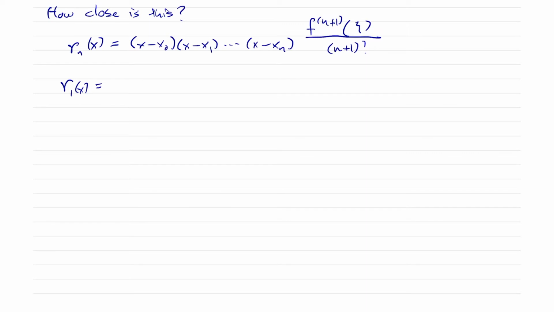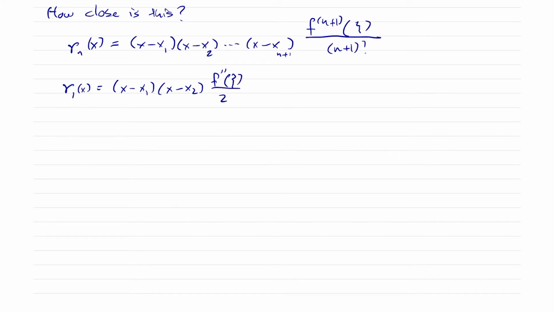Sorry, using different indexing, this should be x1, x2 up to n plus 1. So taking a look at r1, this is going to give us x minus x1 times x minus x2 times the second derivative of f, evaluated at some c, divided by 2.